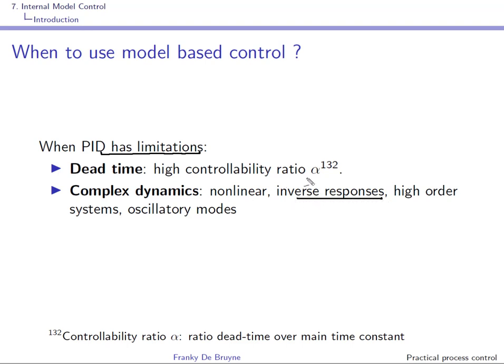So we see here that the internal model controller, or in general a model-based controller, is also an alternative to the Smith predictor for systems with a high dead time with respect to the main time constant, or to predictive PID controllers for processes with an inverse response.